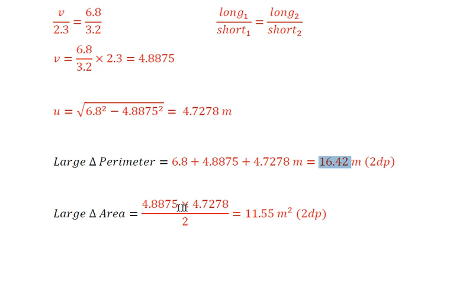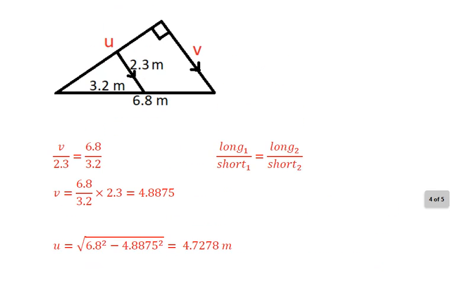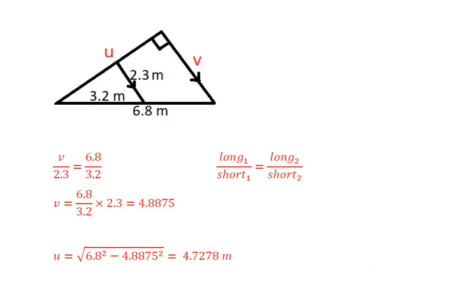Alright, so same thing for our area as well. We've got the two sides that are closest to the right angle multiplied together, divided by 2 to give us our area of a triangle. Make sure you divide by 2. Remember, a triangle is half of a rectangle.